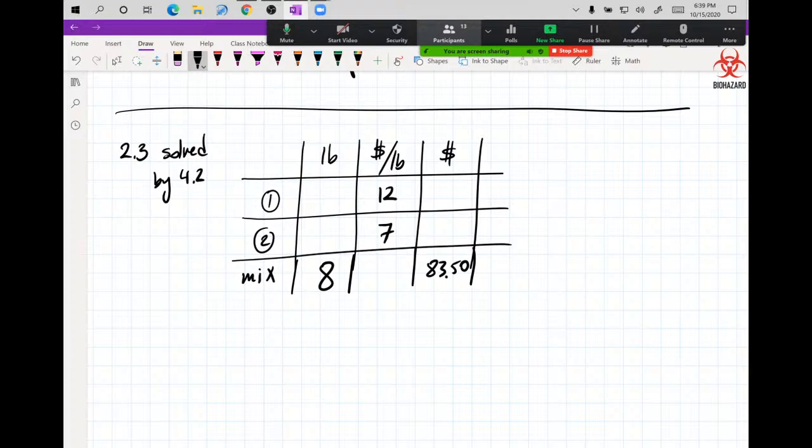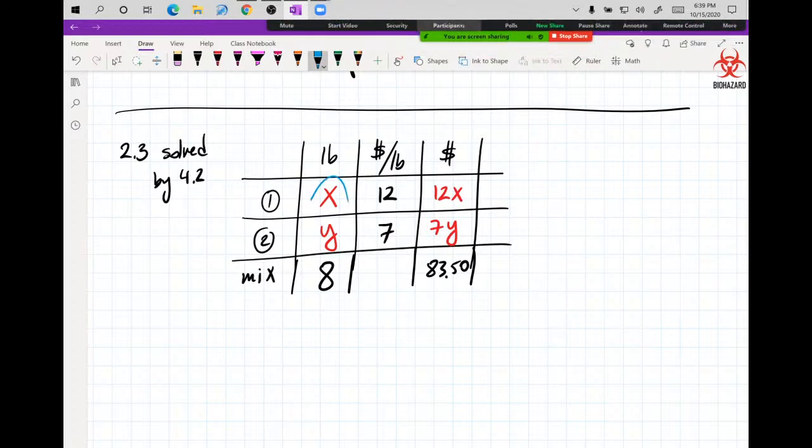So this is your standard setup for the problem using the chart from 2.3. And again, the way you did this is you said x and then 8 minus x. Now we're not going to go 8 minus x. We're going to go y over here. And when you multiply across, you get your 12x and your 7y.